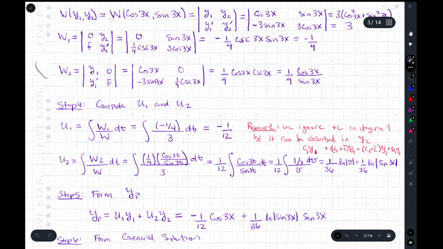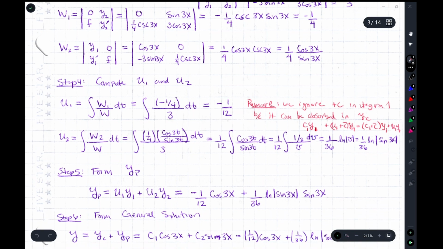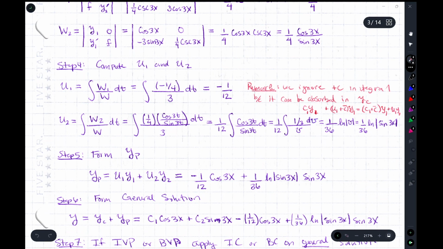That's where that 1/3 comes from. And we substitute back. You get 1/3 natural log of sine 3x. So that was step 4.